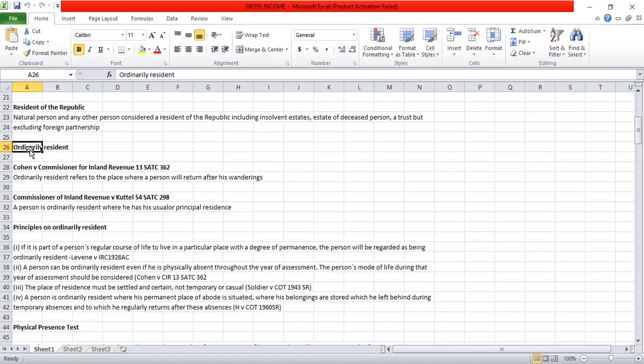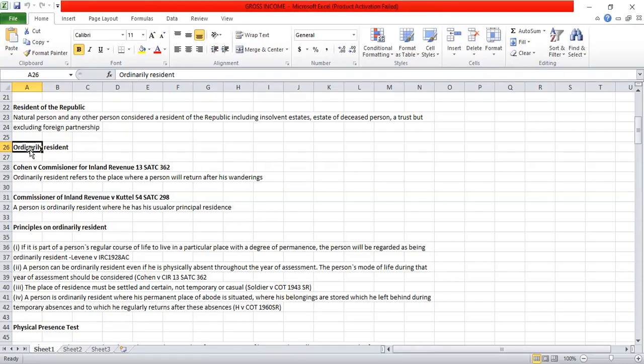Right. So they said that according to the Cohen case, whether you are a resident or not cannot only be determined by your actions during that particular year of assessment. So you can be out of South Africa the whole year, but if everything else points that you come back to South Africa, let's say you go and work in Kuwait and the whole year you are not even in South Africa, but maybe your family is still here or your normal home is still here, that means you are just wandering.